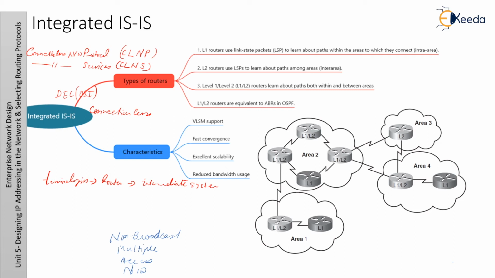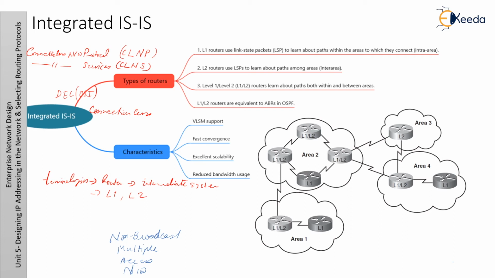Okay, so there are two levels, level 1 and level 2. Level 1 routing occurs within an ISIS area and is responsible for routing inside an area. All devices in an L1 routing area have the same area address.